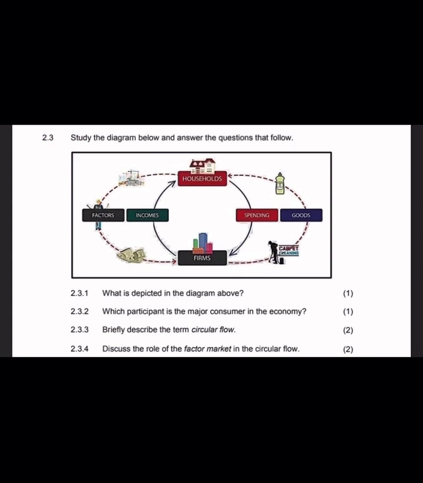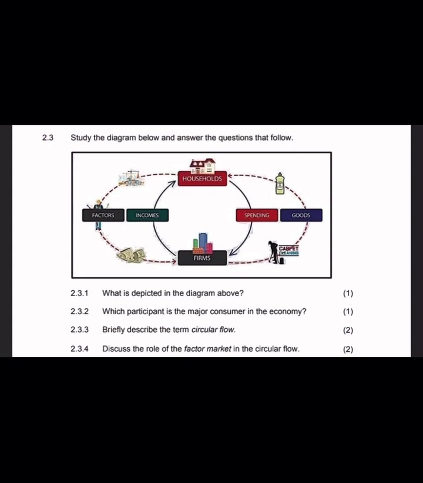Then the last question, they're asking you to discuss the role of the factor market in the circular flow. Remember, we've already discussed what the factor market is made out of, if I'm not mistaken. Your factor market is made out of your labor, your entrepreneurship.